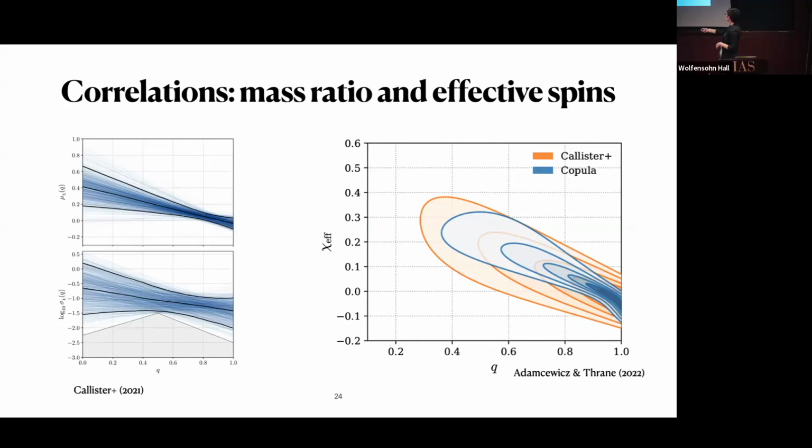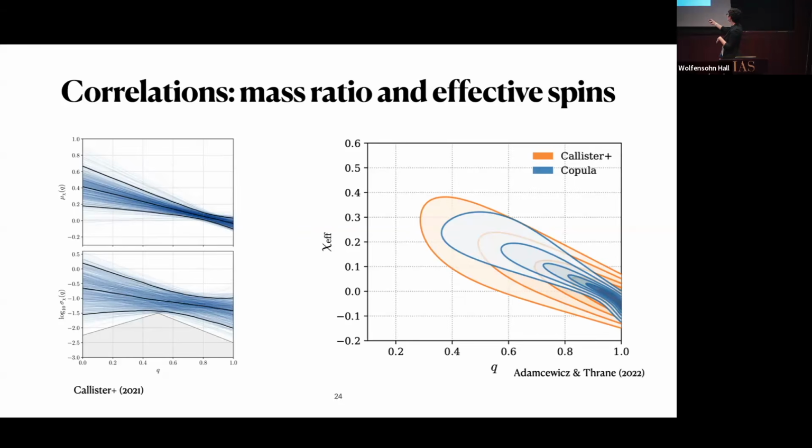That's what's shown here. This is marginalizing over the posterior, so this is the mean inferred chi-effective versus Q two-dimensional distribution, from the Collister et al. paper.